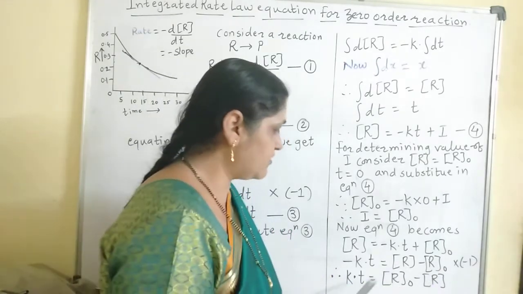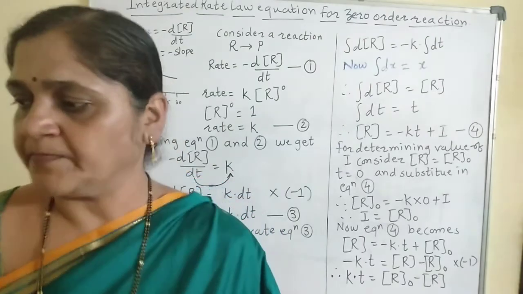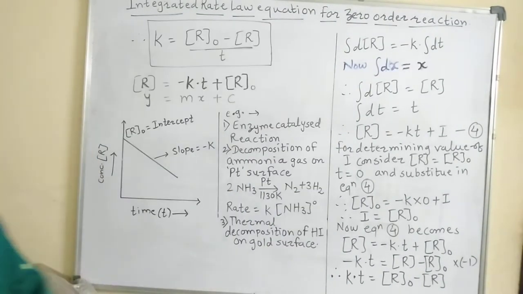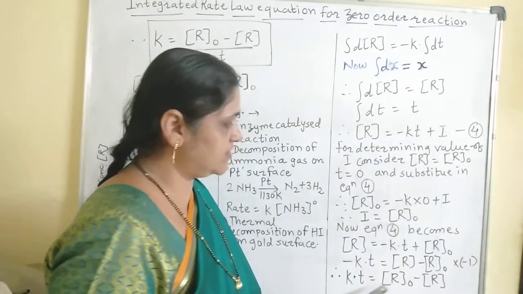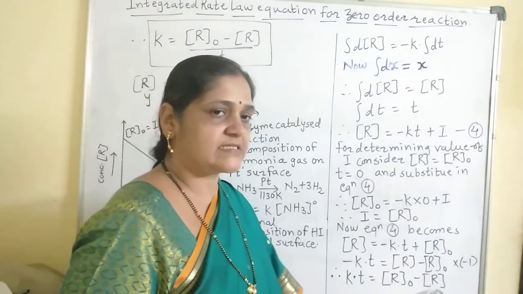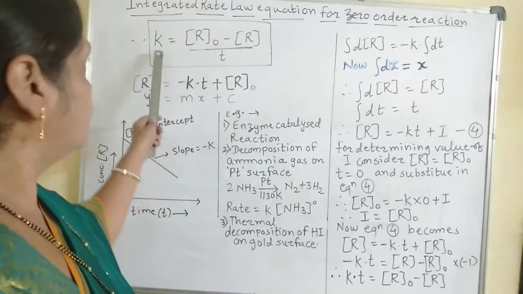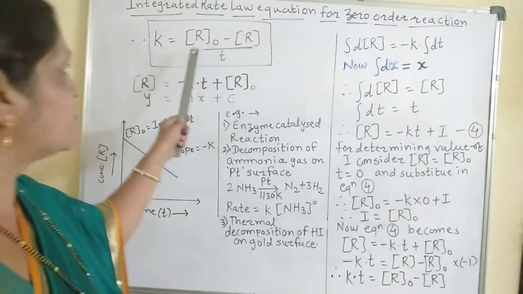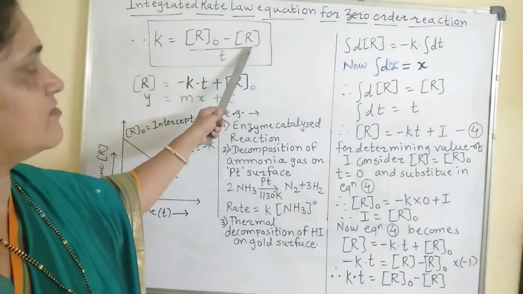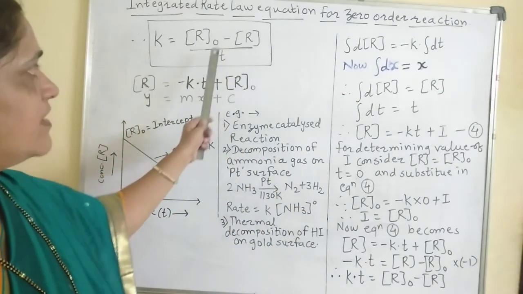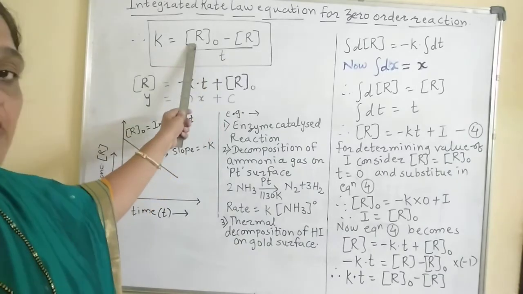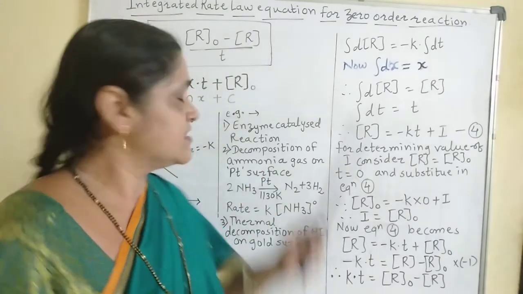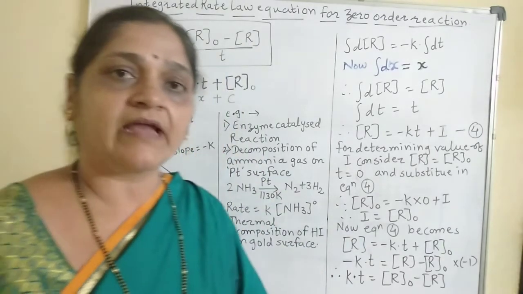Now let us see what equation we get for K. The equation is K into T is equal to R0 minus concentration of R. Taking T as the denominator, K is equal to R0 minus concentration of R, upon T. That means the initial concentration of reactant minus the concentration of reactant at time T, divided by the time interval.